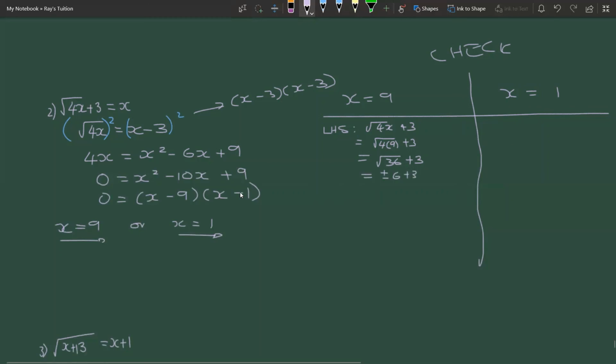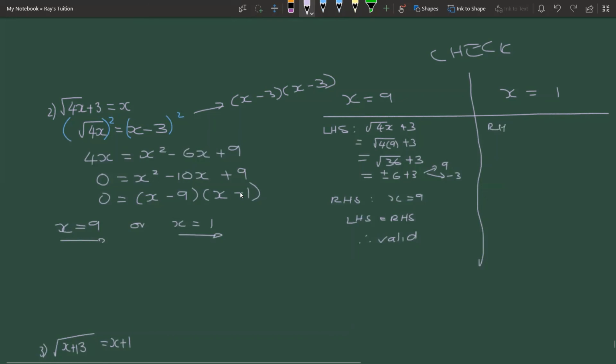So your answers are either 9 or negative 3. The right-hand side is just 9. So here our left-hand side does equal one of our solutions, and the right-hand side. Therefore, it is valid.